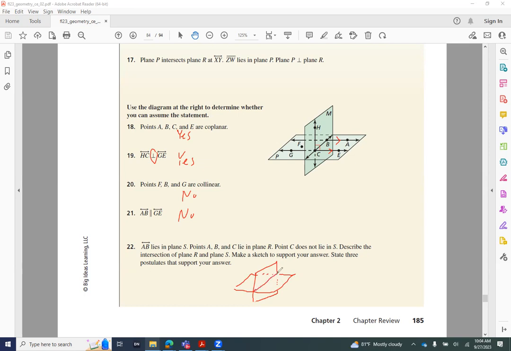So that's A. That's B. We can see that this is point C over here. C was on plane R, so we're going to call this plane R, and not in plane S, so this will be plane S. And that's it.